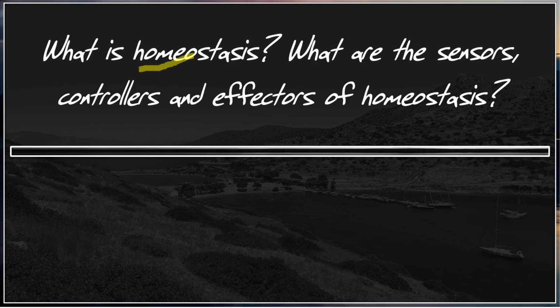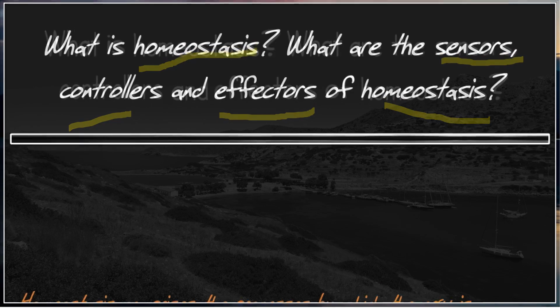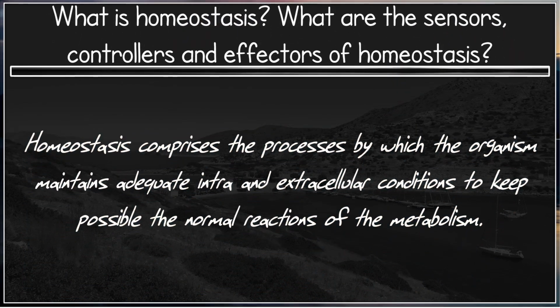What is homeostasis? What are the sensors, controllers, and effectors of homeostasis? Homeostasis comprises the process by which the organism maintains adequate intra- and extracellular conditions to keep possible the normal reactions of metabolism.